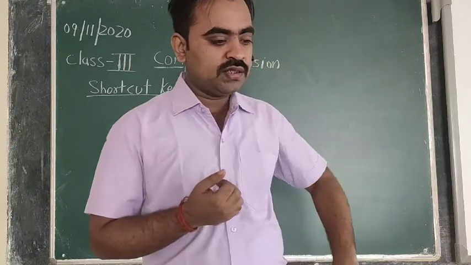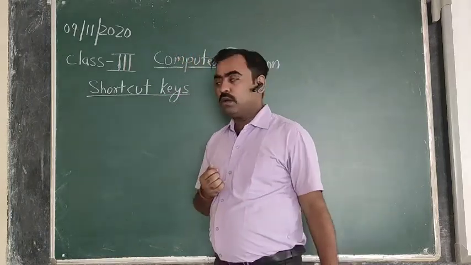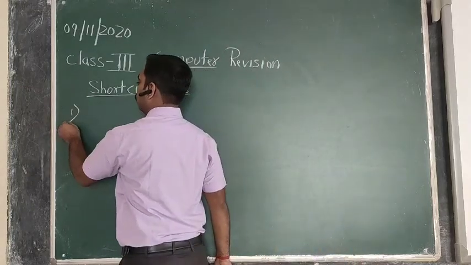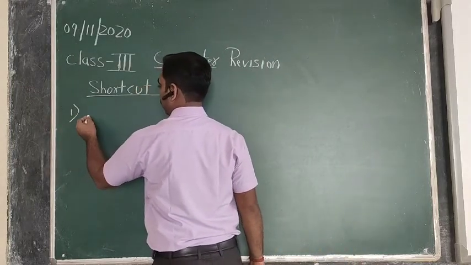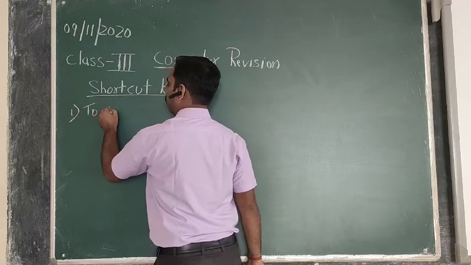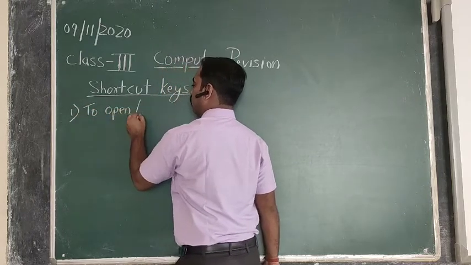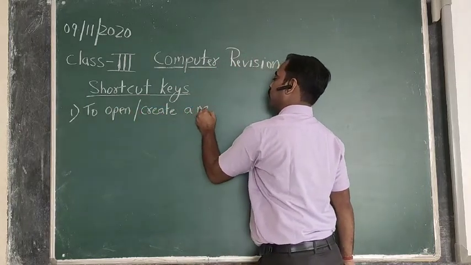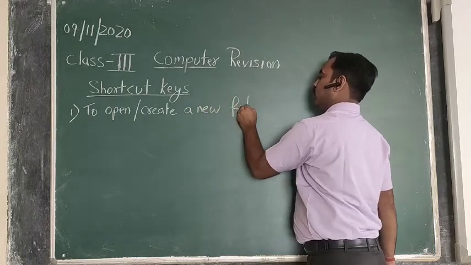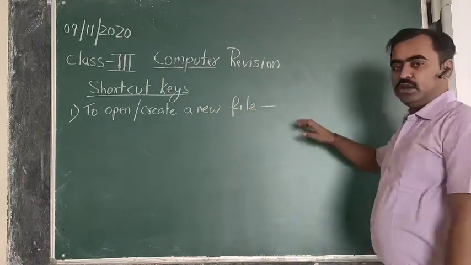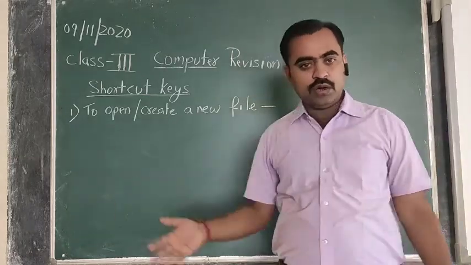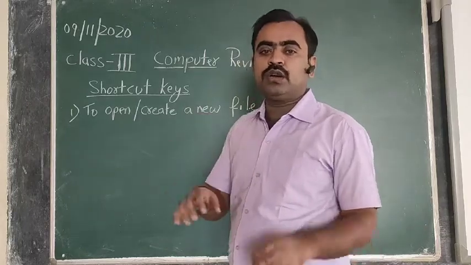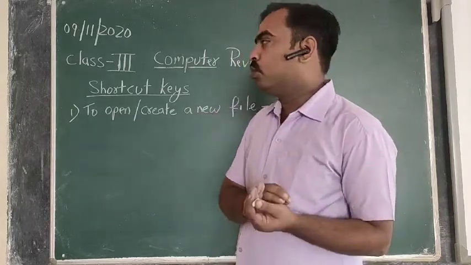The first one is to open or create a new file. Suppose we are working in MS Word or a word processor program, and you want to create a new document.